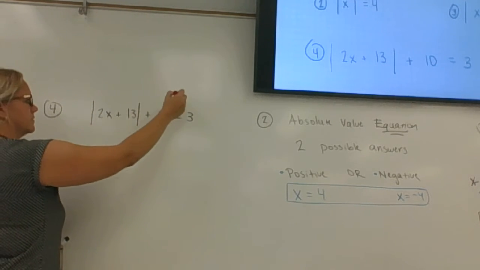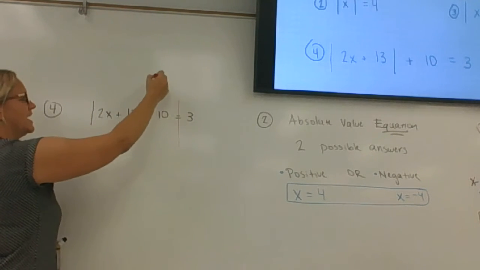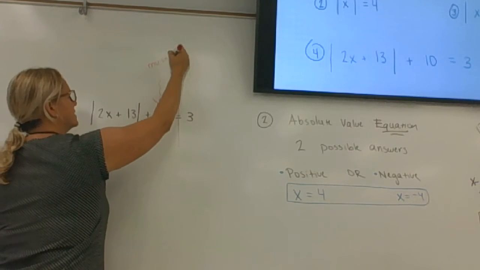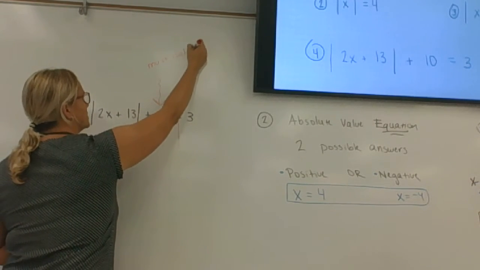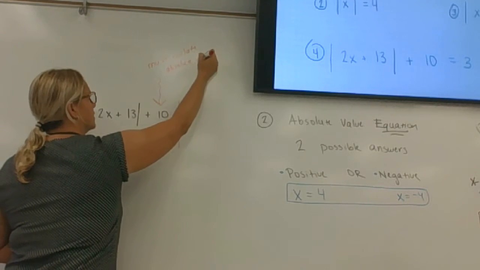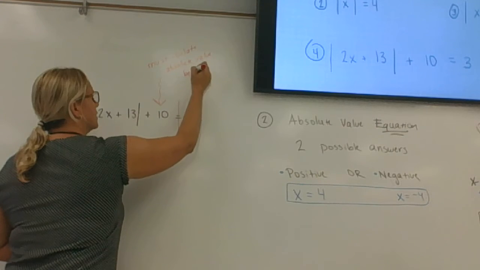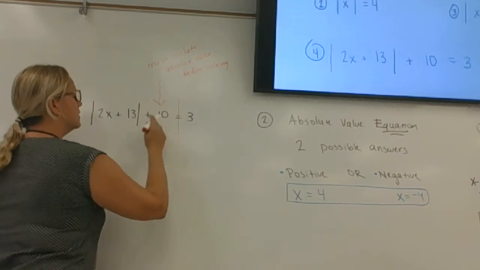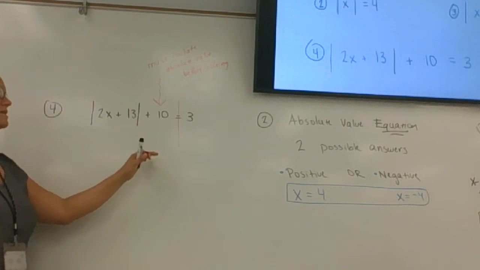Okay, so the +10 is the real problem. You must isolate the absolute value before solving. So this problem is different than the other two because of this 10 here.